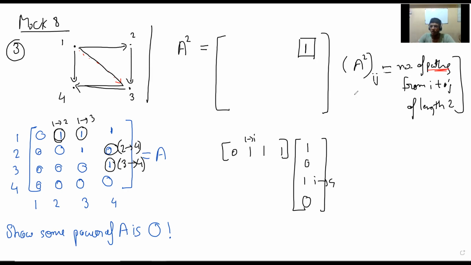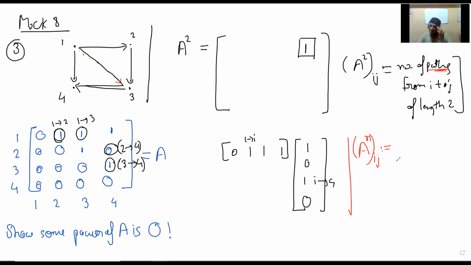Now, this is your homework: try to use induction and show that in a to the power n, the i comma j entry will be the number of paths of length n from i to j. Yeah, and you can understand. You can just use induction.